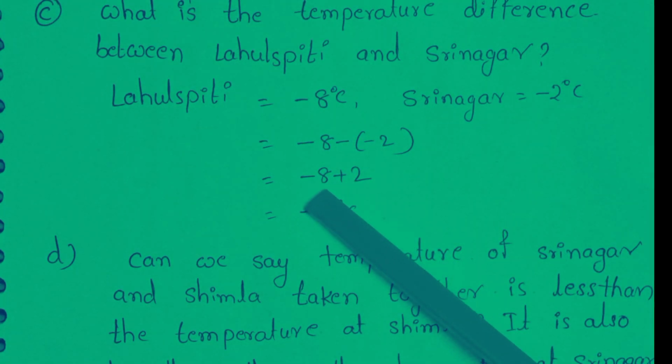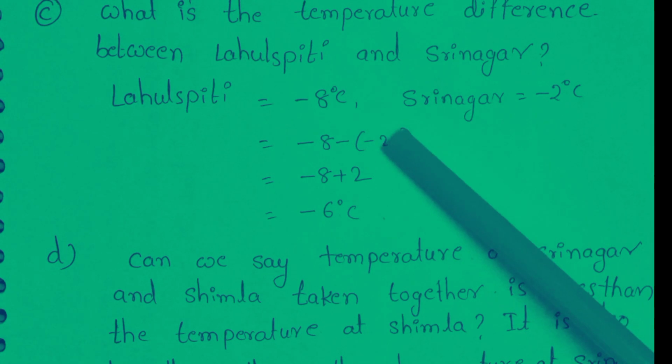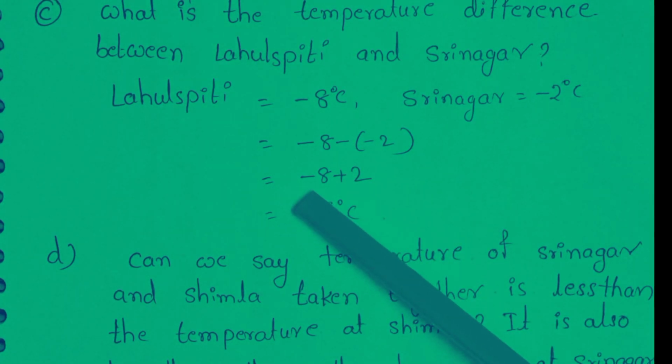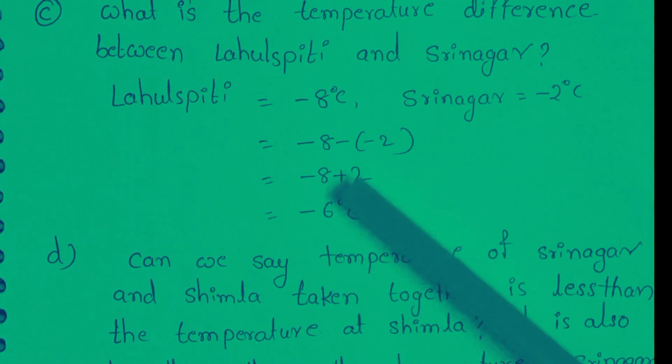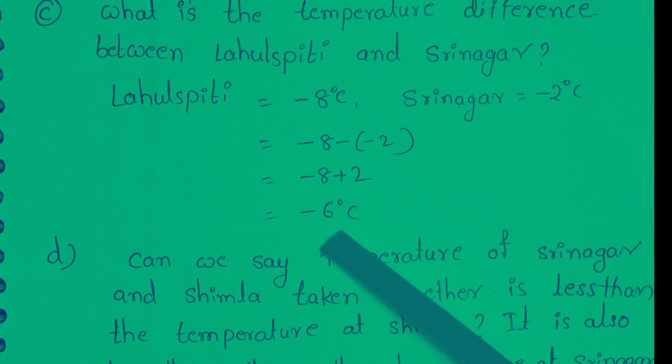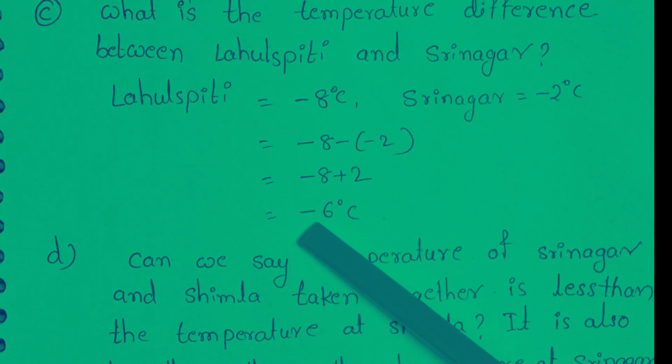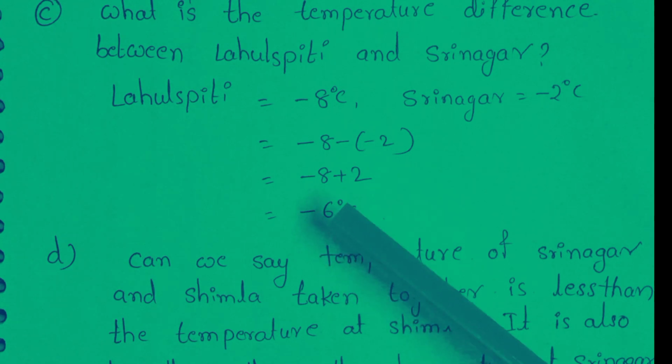Minus 8 as it is, then minus into minus becomes plus 2, opposite symbols. So minus 8 plus 2. Now subtract: big number minus small number. 8 minus 2 is 6. The big number's sign is minus, so we write the minus symbol.